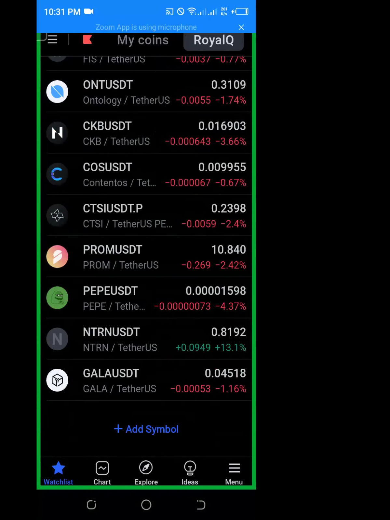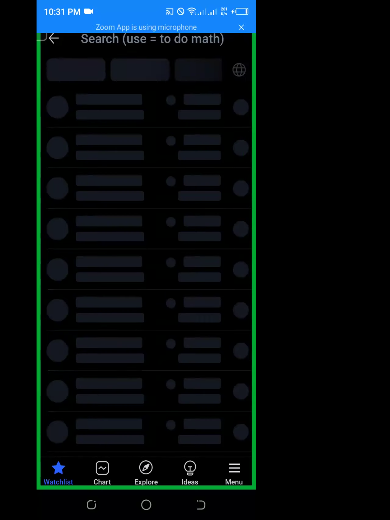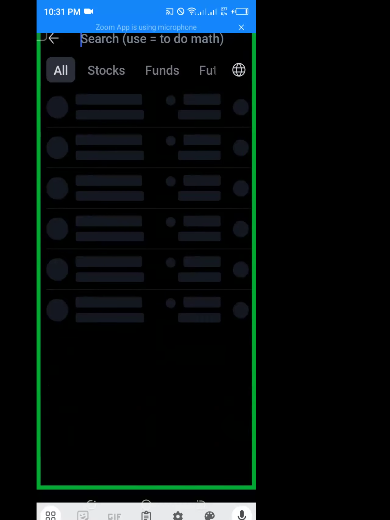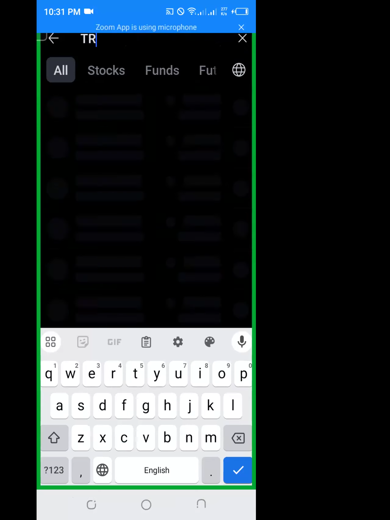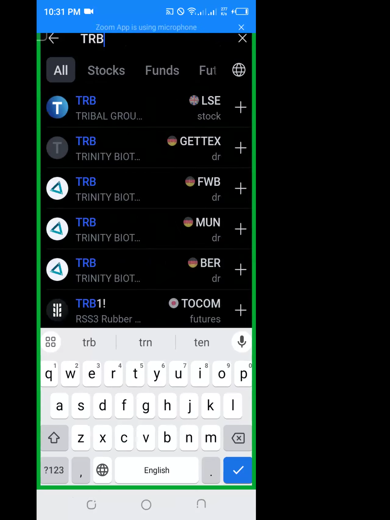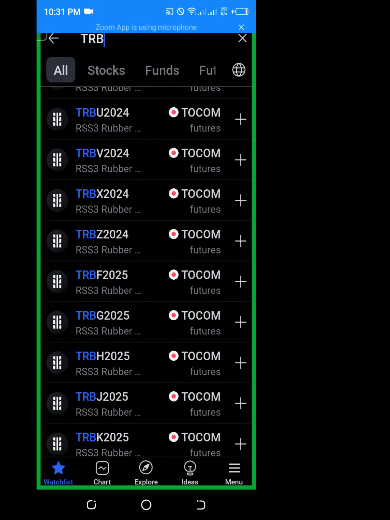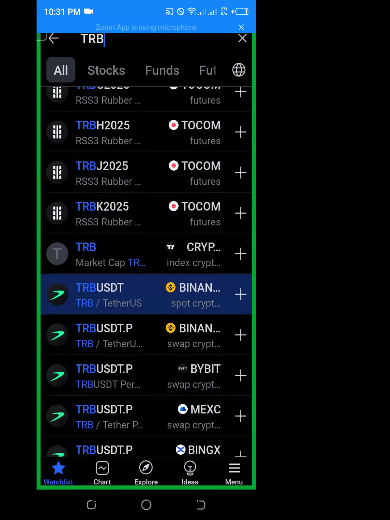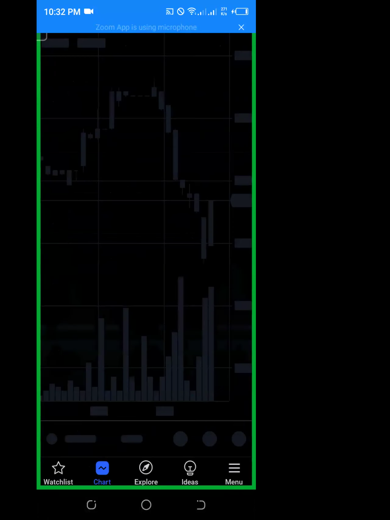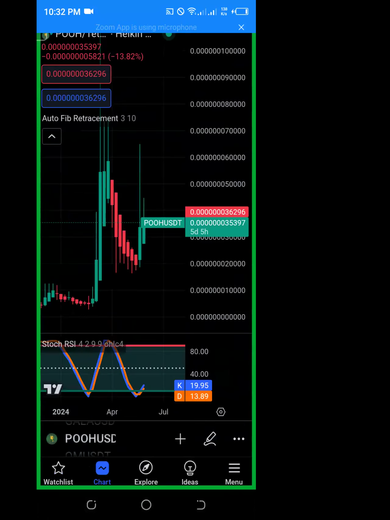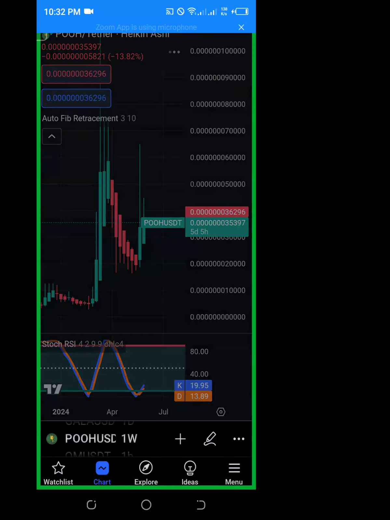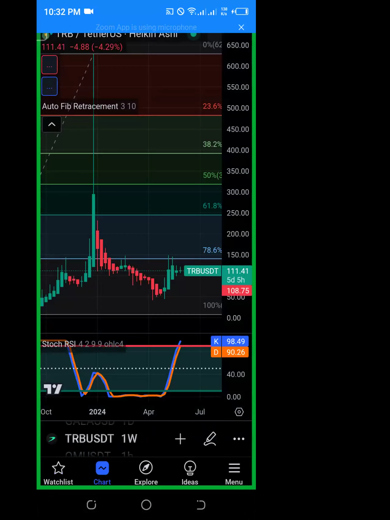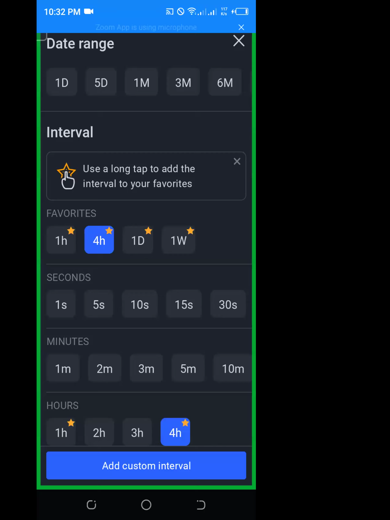The coin is TRB, using Binance. Where is Binance? This is here. Now are you seeing it? Okay. Let me try to look at 4 hour.